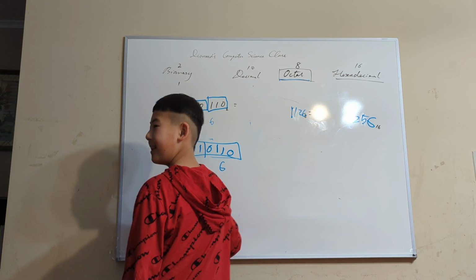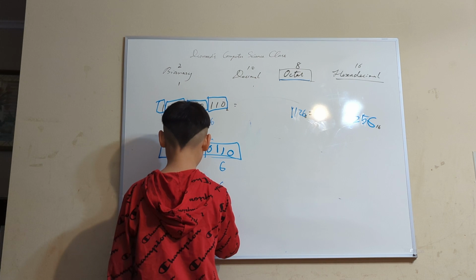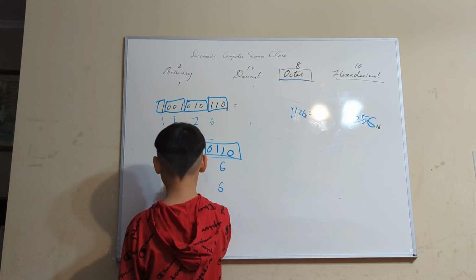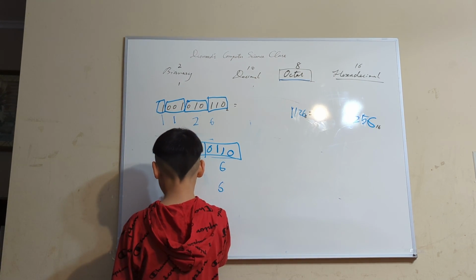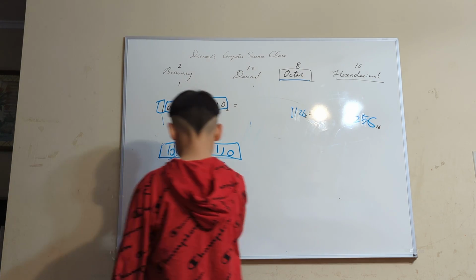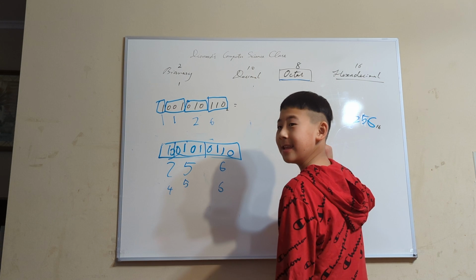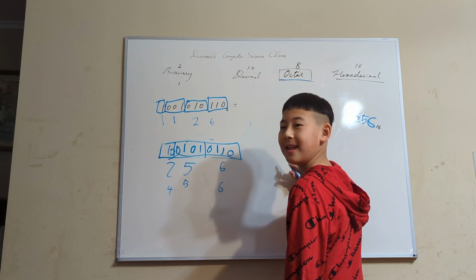Wait, no. This thing is just this thing, I think. And this thing multiplied by 2. This is 4. So it's 456. You don't look at me.